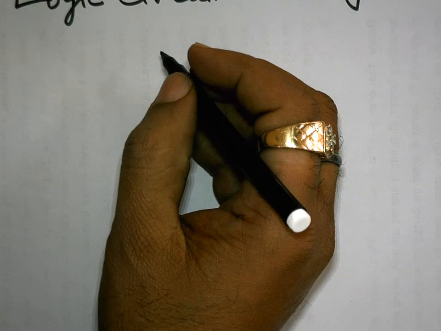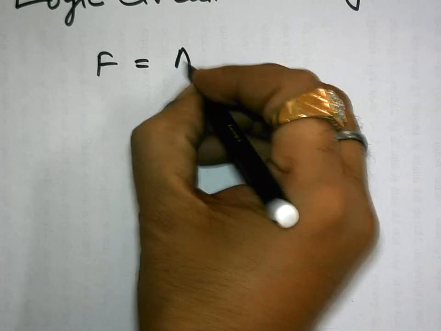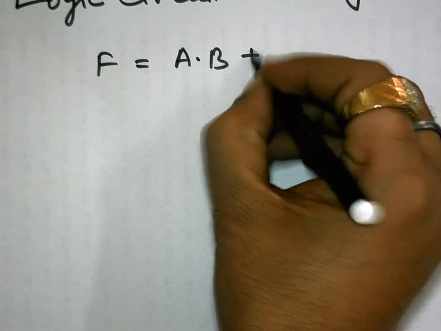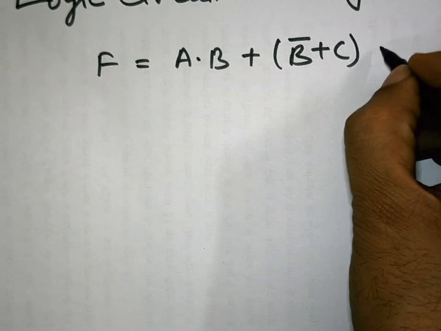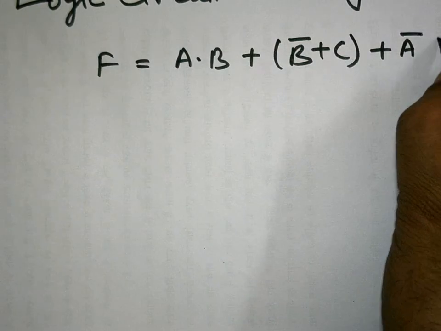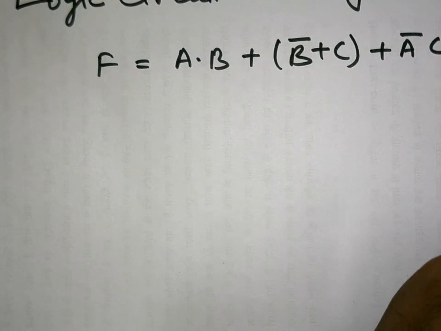The expression that we obtained in this circuitry was F is equal to A dot B plus B bar C plus A bar C into (B bar plus C). This was the expression.